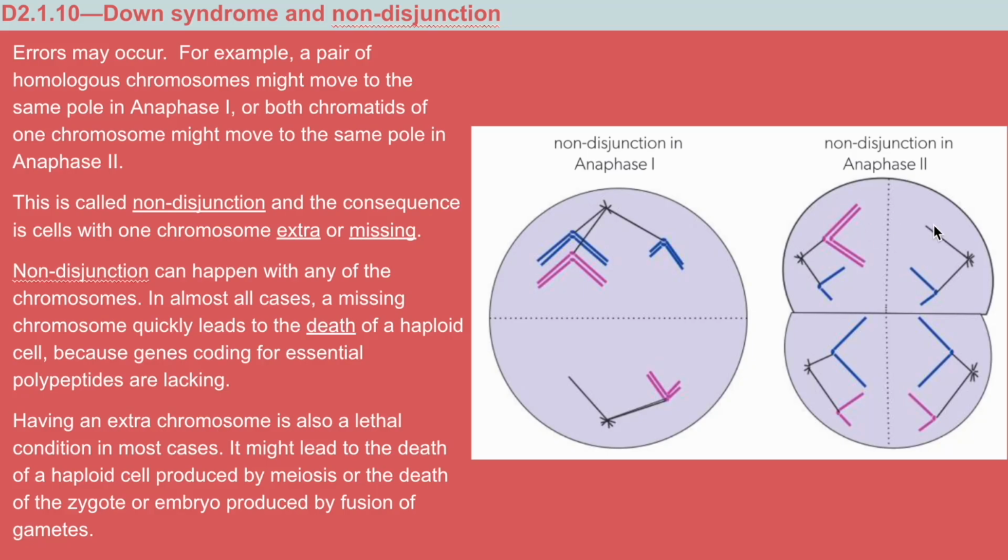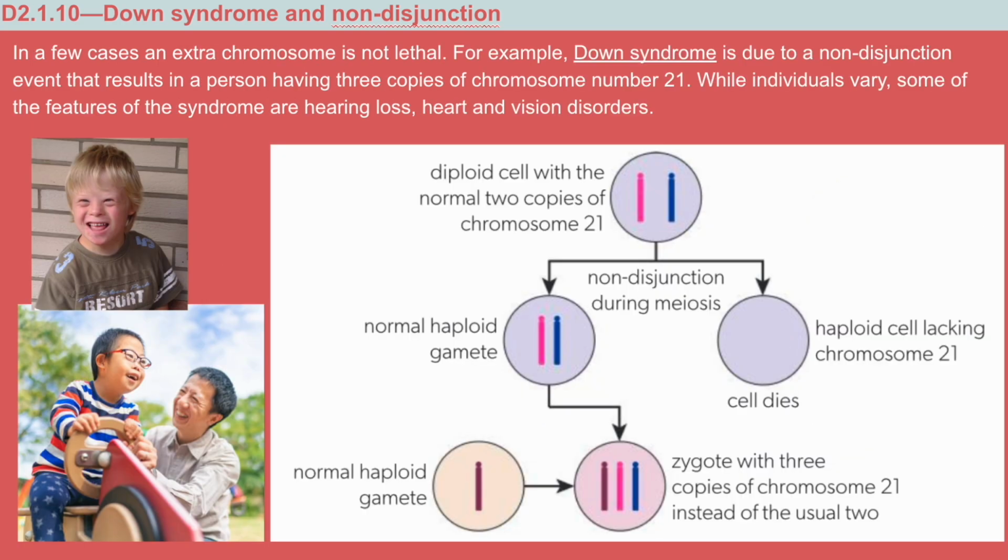failed to separate. Now, most of the time, a missing chromosome is going to lead to death of the cell. Having an extra chromosome is also in most cases lethal. However, we know that there are exceptions to that. In a few cases, it's not lethal.